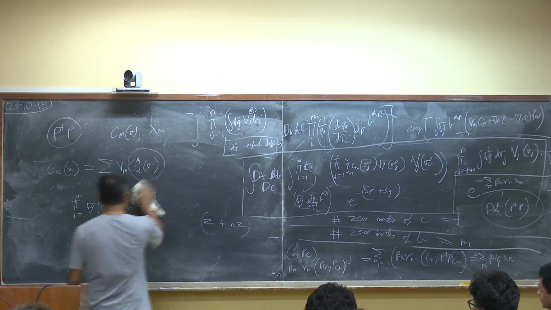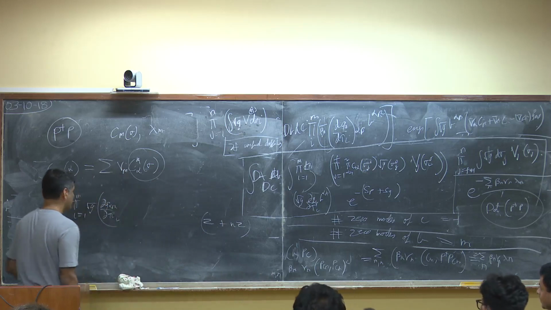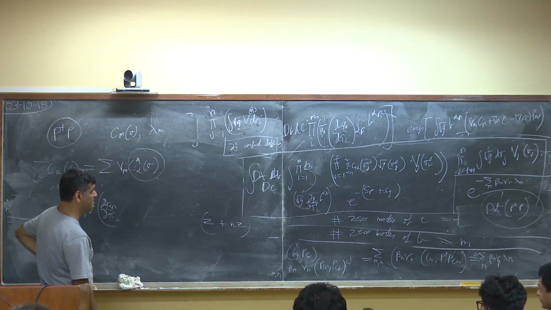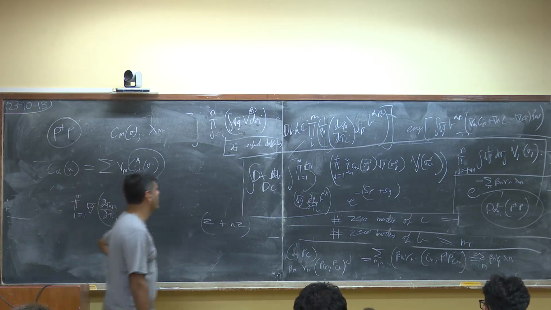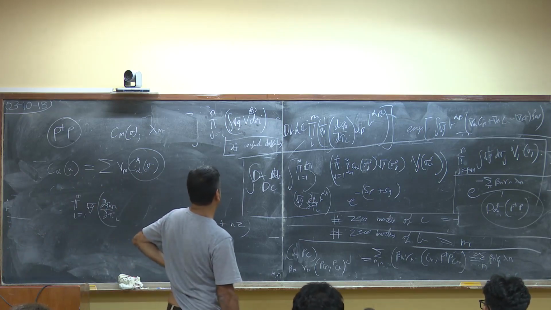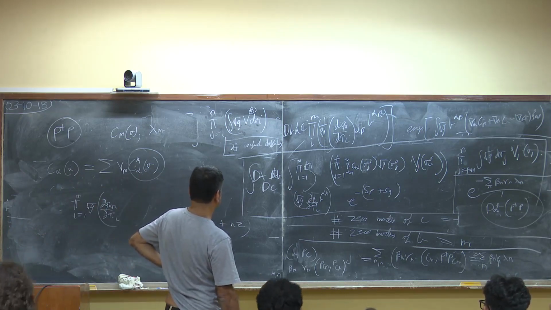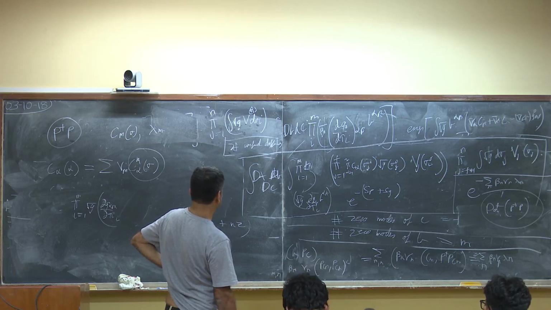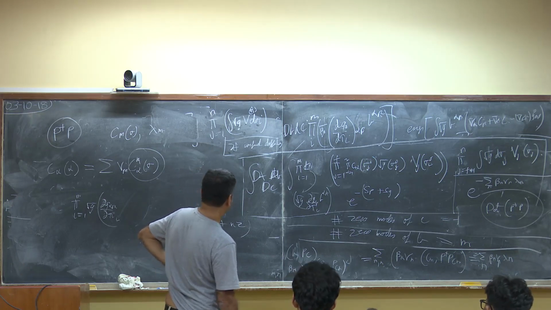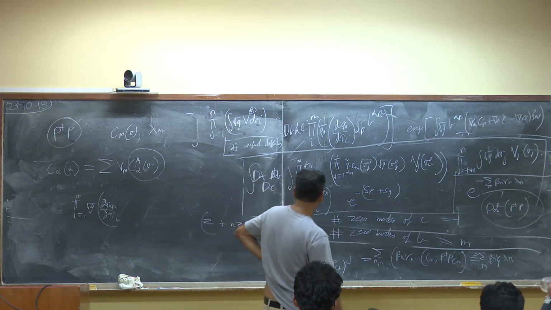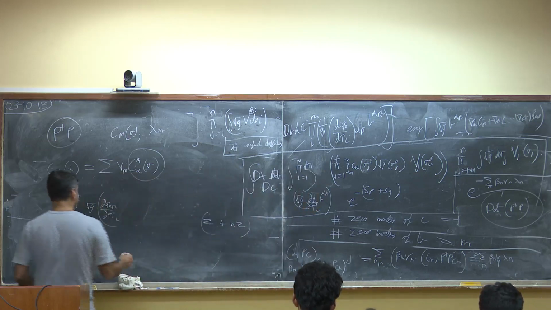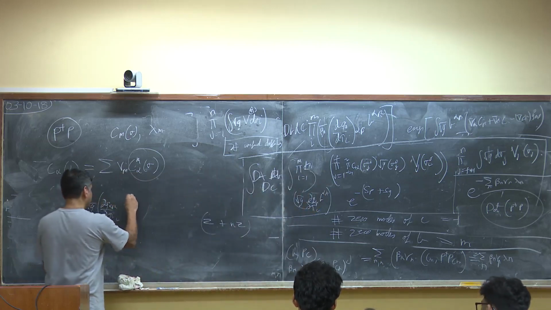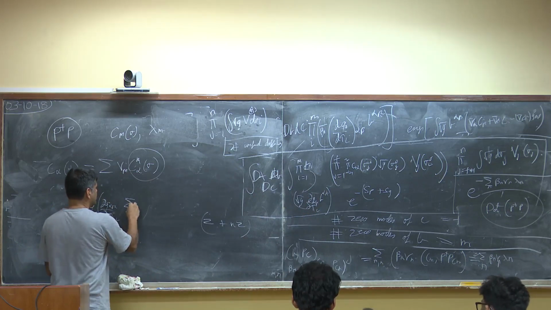So in these B's, what you're supposed to do is to replace this B by just the sum over zero modes.